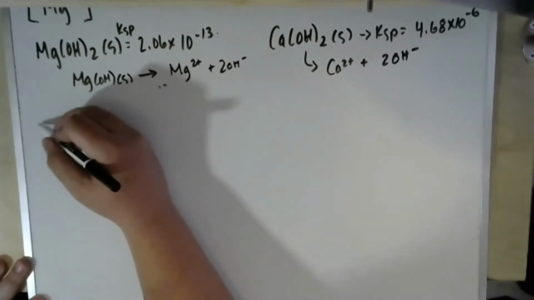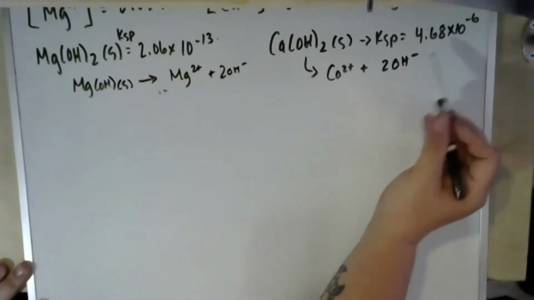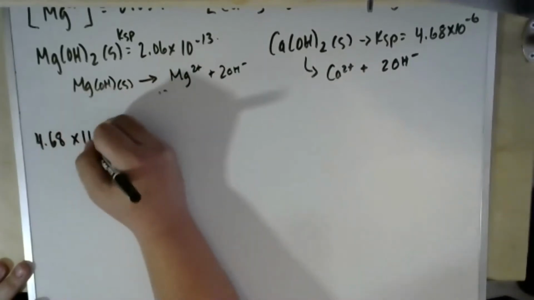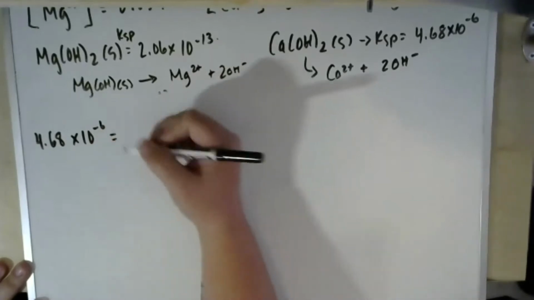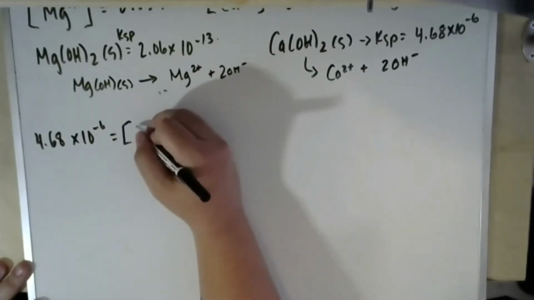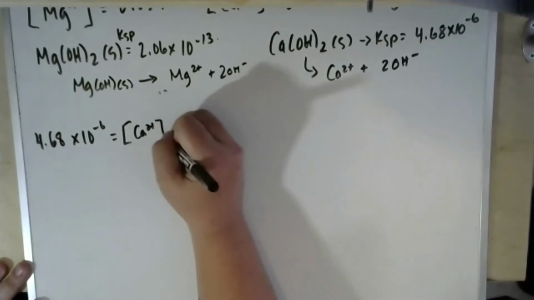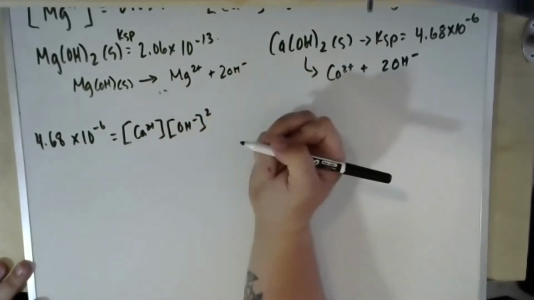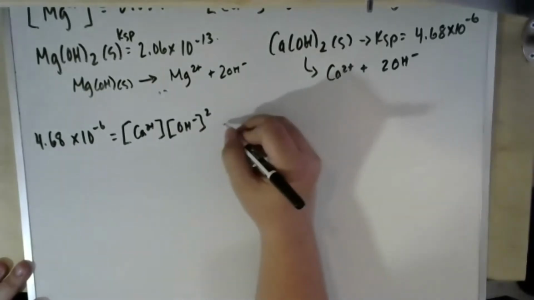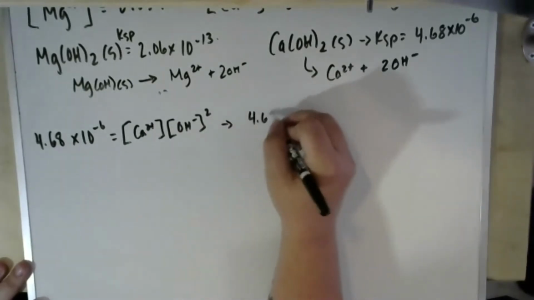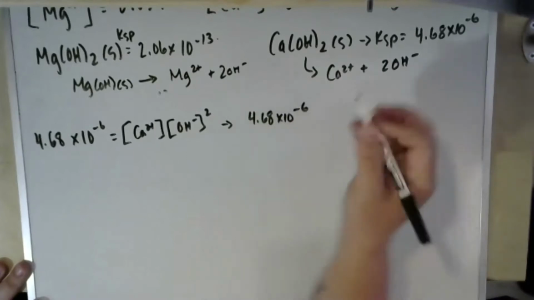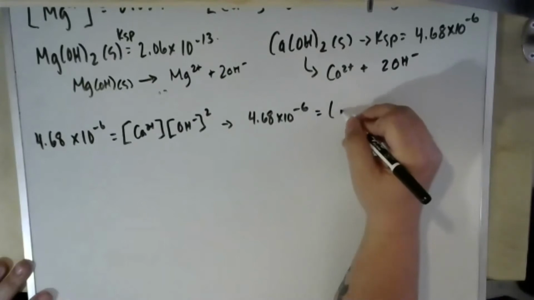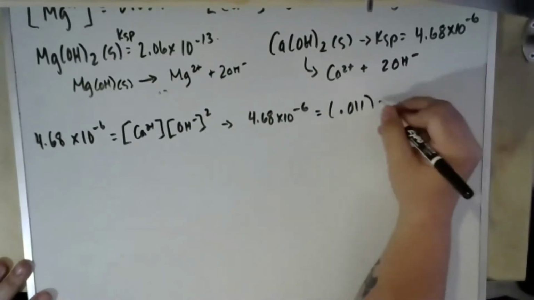So our KSP is going to be 4.68 times 10 to the negative 6. And that's going to be equal to the concentration of calcium times the concentration of hydroxide ion squared. So our concentration of calcium ion is 0.011.